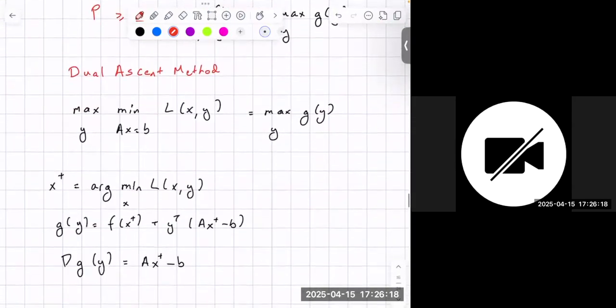One of them is called the dual ascent algorithm, like gradient ascent, but using duality. How does that go? You first pick a Y, or lambda, depending on how you write it. I've got X as my primal parameter, right? I'm trying to minimize the function F, and I have some constraints, which is A times X equals B. That's my problem.